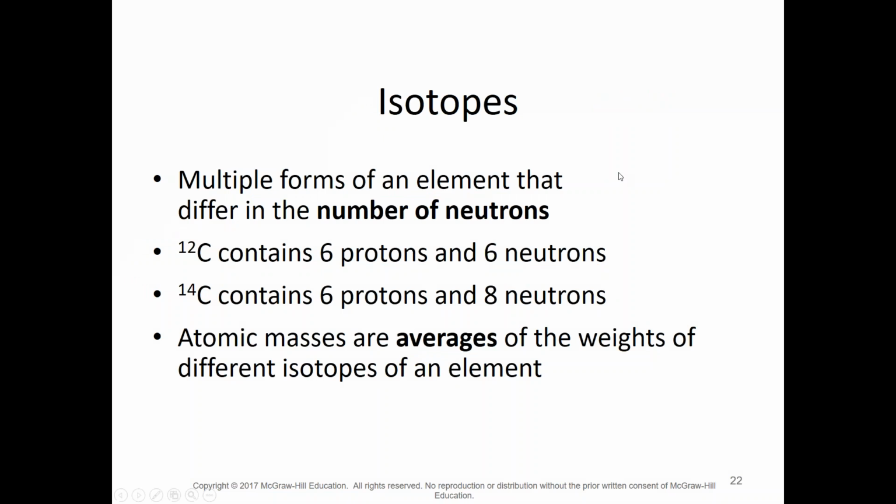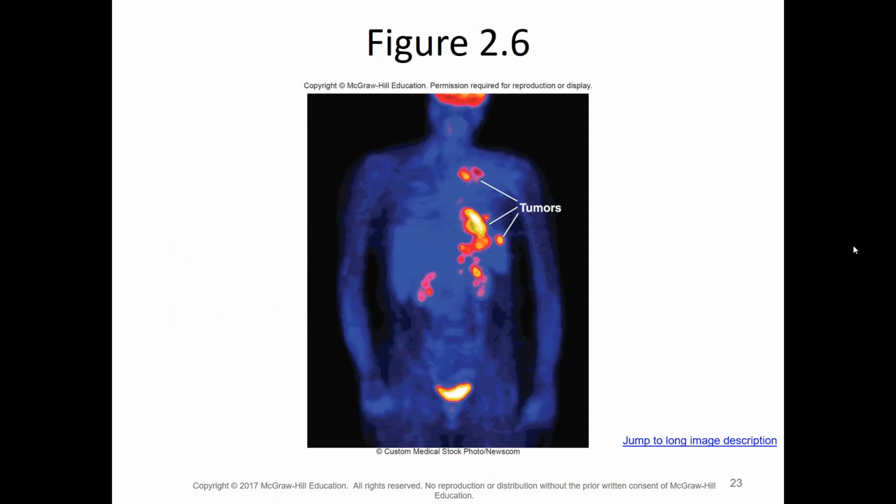Okay, let's now go on to slide 23. You might be wondering, what in the world is this? Well, this demonstrates radioisotopes. Radioisotopes are isotopes of an element that are unstable, that actually emit radiation. So their nuclei break down spontaneously.